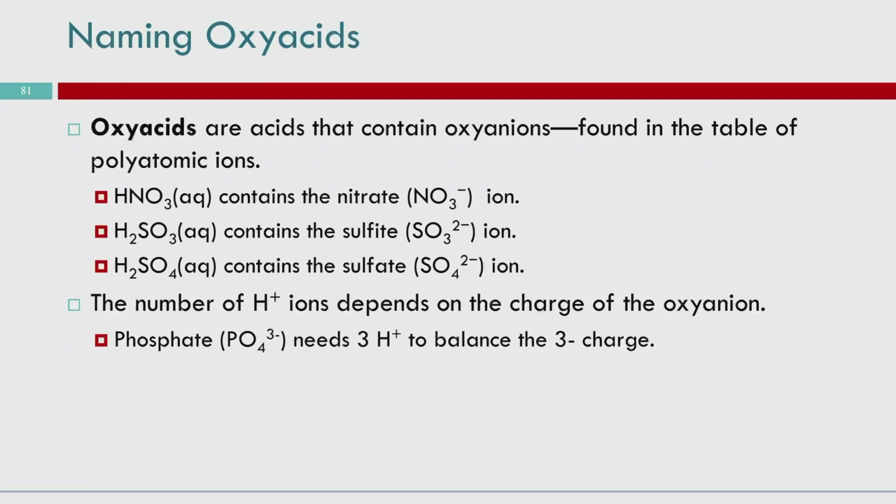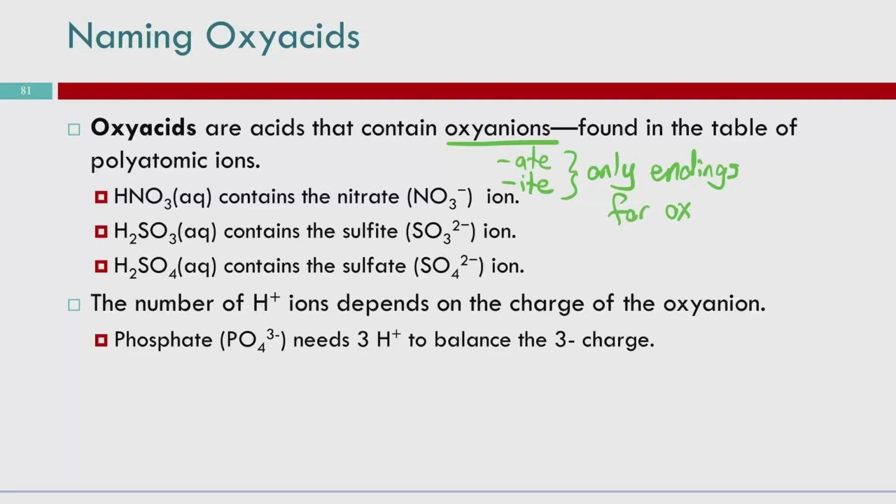Okay, so oxyacids are our other type of acids. Oxyacids are acids that contain oxyanions. Oxyanions always end in ate or ite. That's one of our indicators that we're dealing with an oxyanion. These are the only endings for oxyanions.